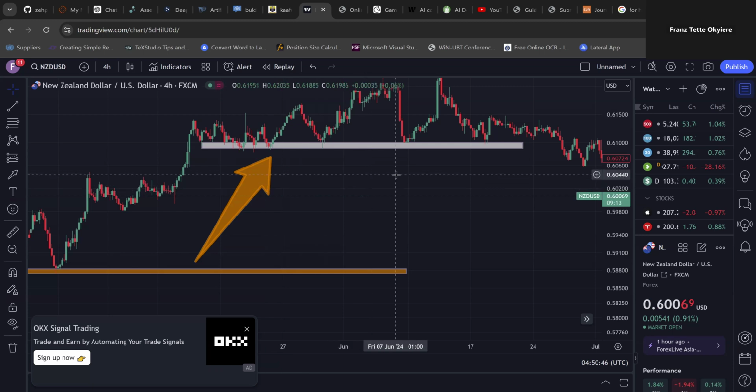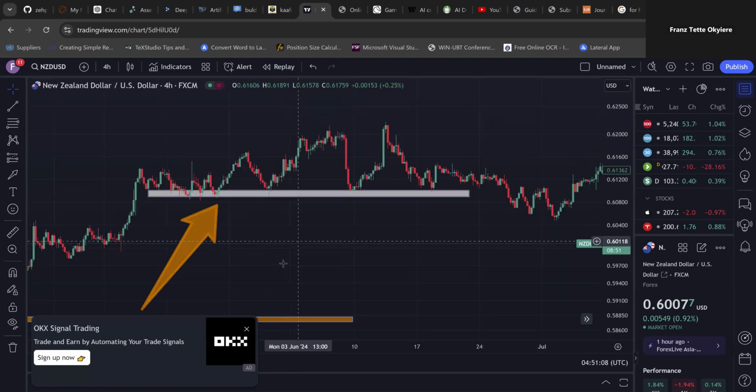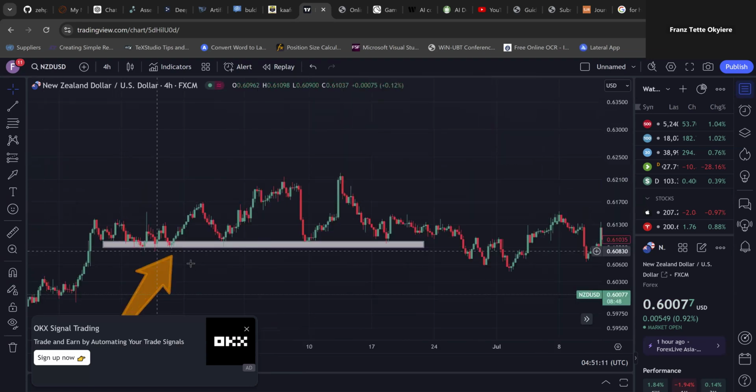I think that's one of the most important things that these supply and demand zones do for us. So you placed your buy order here at the bottom, and then you took profit right there at the top. Beautiful.